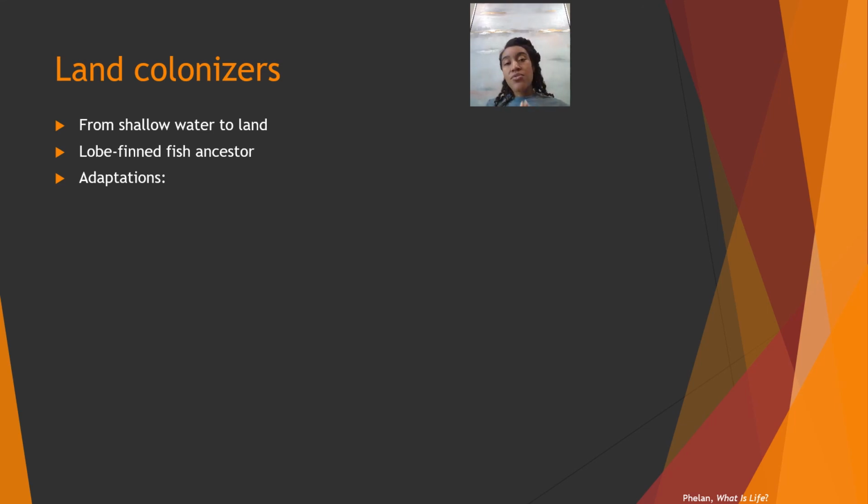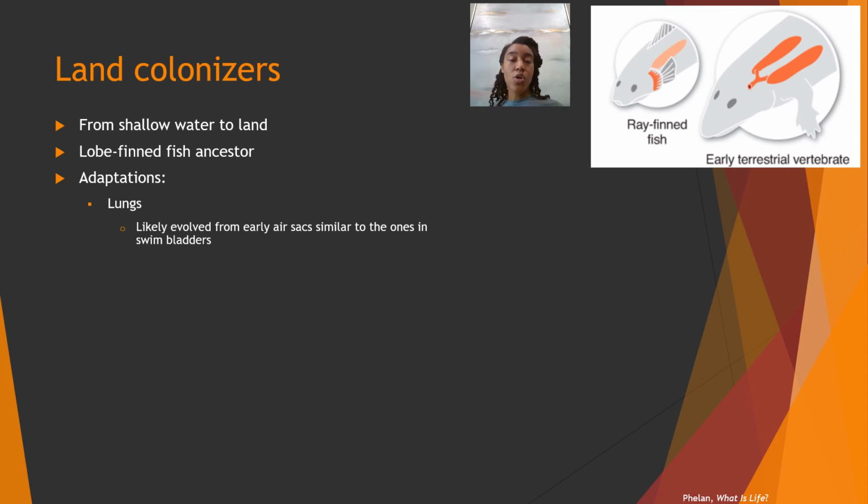In order to go from an aquatic lifestyle to a terrestrial lifestyle, a lot of adaptations had to occur. One, the lobed-fin fish had to develop lungs. Many lobed-fin fish nowadays have both lungs and gills. Gills are great when you have an aquatic lifestyle, either full-time or part-time, but when you're a terrestrial organism, gills are not that useful.